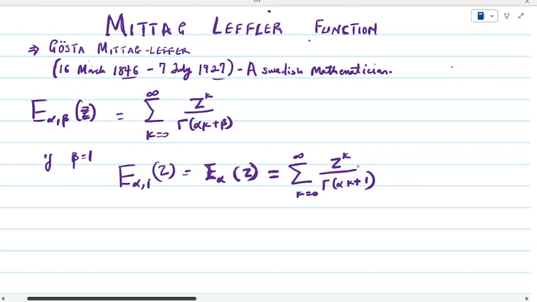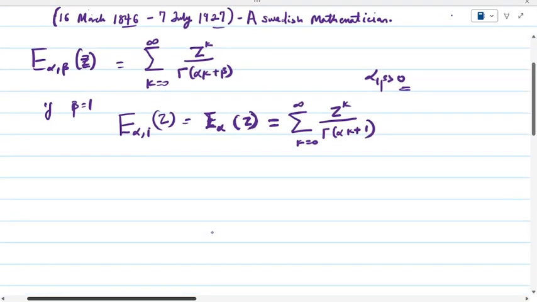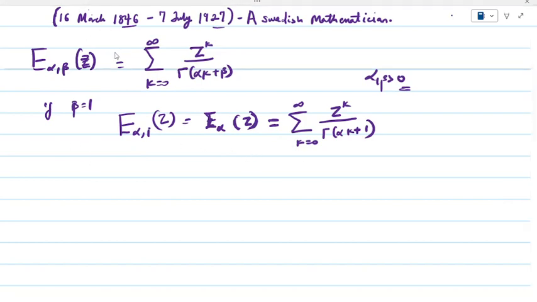Alpha and beta are sometimes greater than 0. That is the general Mittag-Leffler function, and that is what we'll be using to check some cases. Okay, so let's start with the first case.